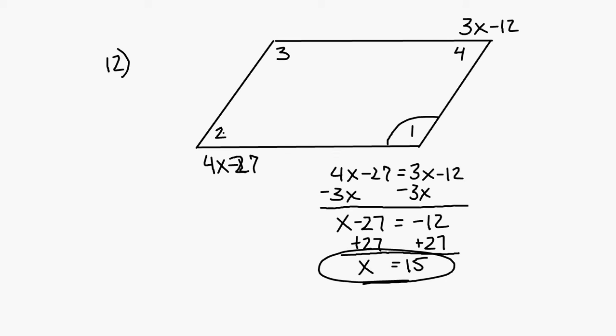If you know what x is equal to, you can substitute it into the expression for angle 2. So you're going to take 4 times 15, and you're going to subtract 27. So 4 times 15 is 60 minus 27. 60 minus 27 is 33 degrees.